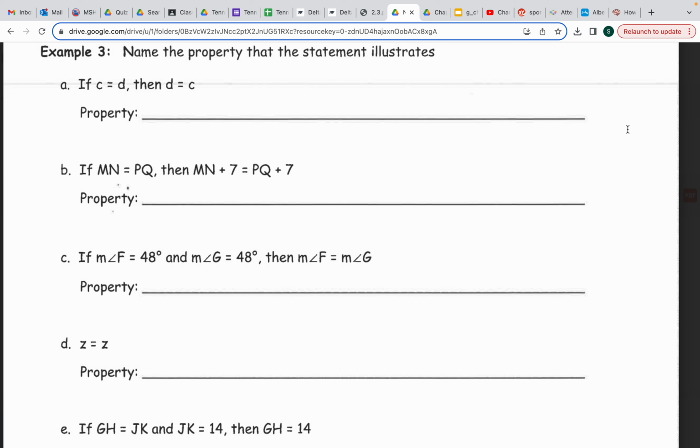It says if the measure of angle F equals 48 degrees and the measure of angle G equals 48 degrees, then the measure of angle F equals the measure of angle G. Which one do we think this is? Not reflexive.